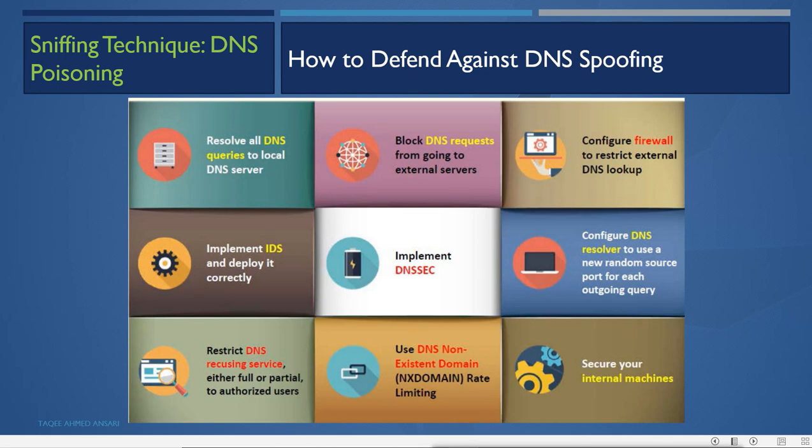That means only authorized users or authorized DNS servers can do the recursive query, not all user machines and not all DNS servers. Now recursive query means going out on the internet to the root DNS server and top level DNS servers to find out the records.